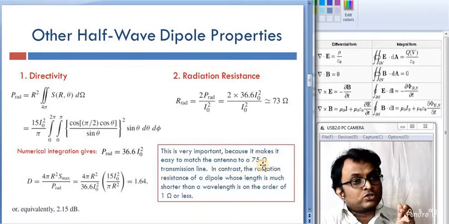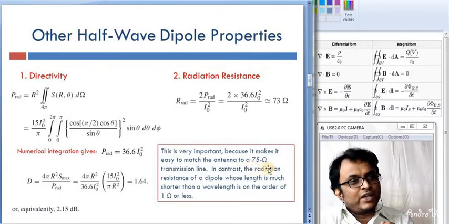And we also know that the wave impedance, that is the free space impedance, is around 377 ohms. Already we have discussed it. That is the ratio of the E field by the H field, known as eta, E by H, and that comes as 377 ohms.